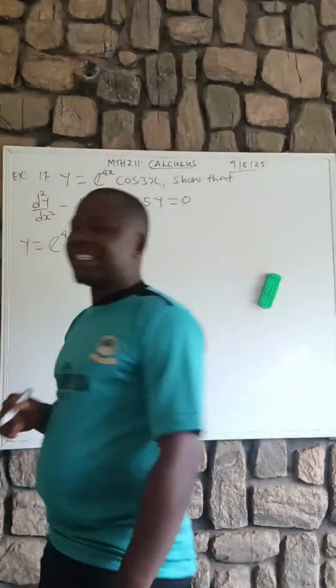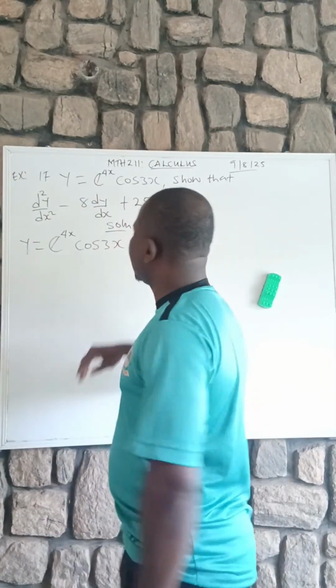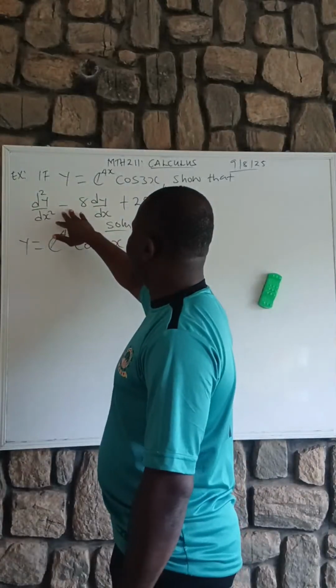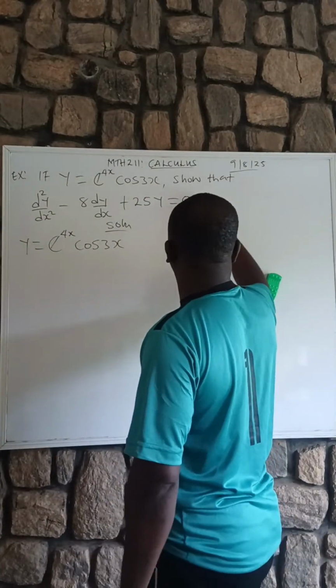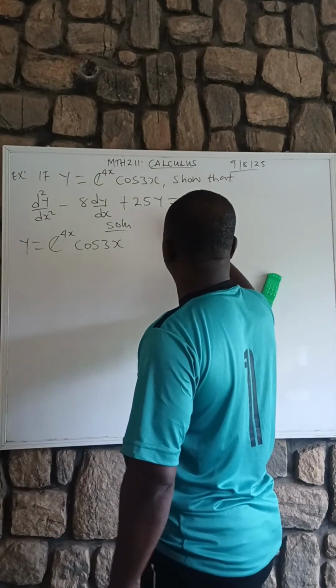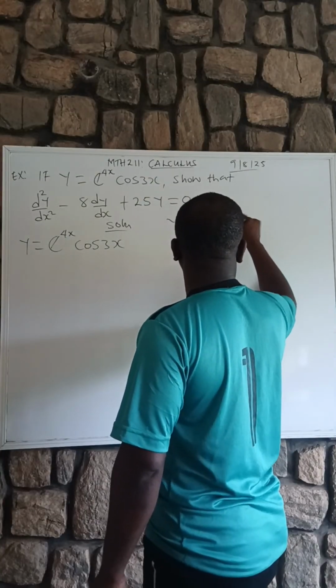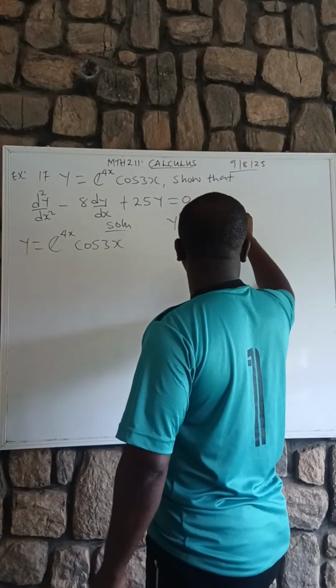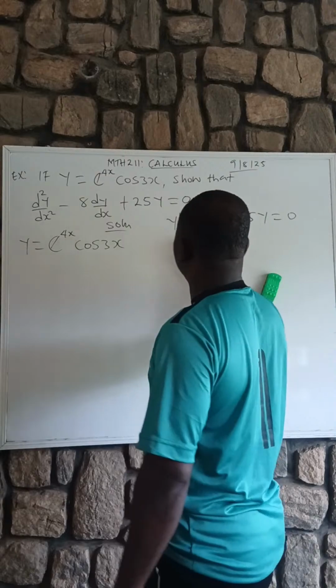As it is now, you study the nature of the differential equation. Look at it here. This differential equation could be written in this form, or y prime prime minus 8y prime plus 25y equals 0.